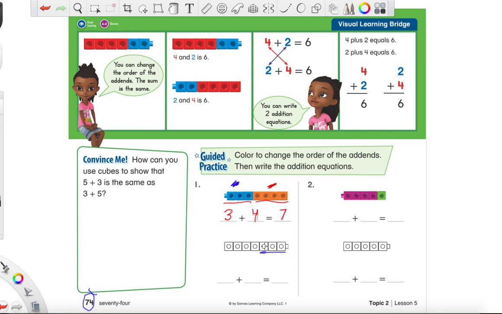You can go ahead and color in those 3 blue at the end. And for the red, I'll underline those. Red starts at the beginning, and it goes in 4. So there are your 4 red you should color.